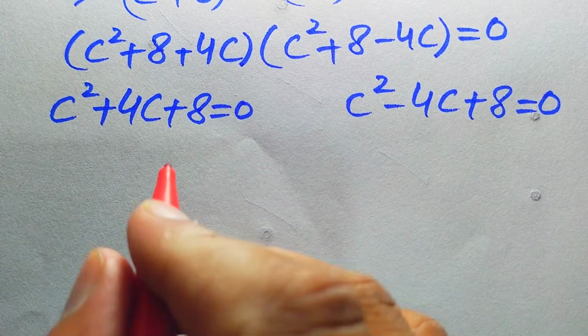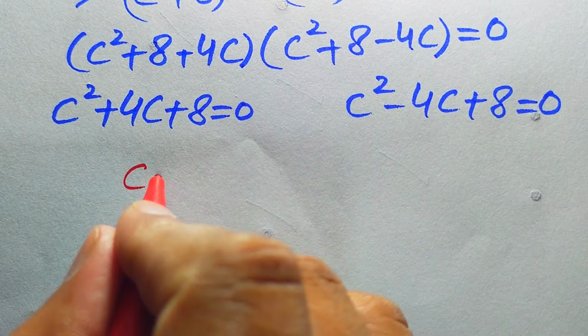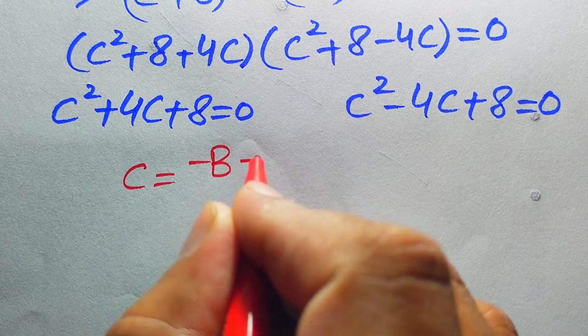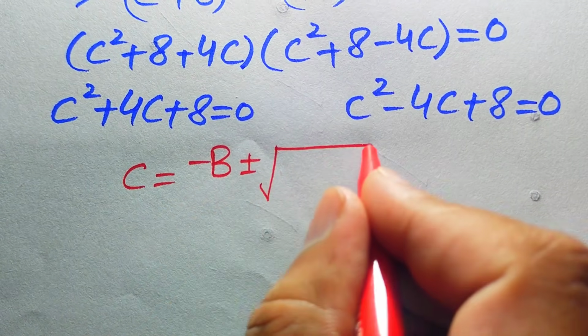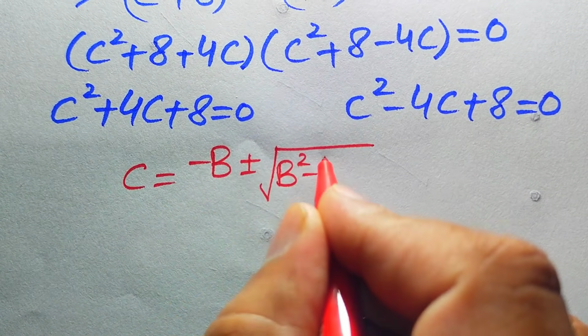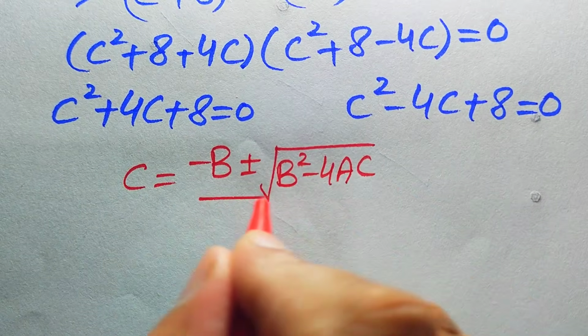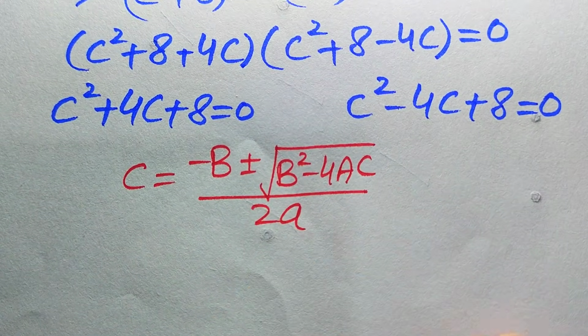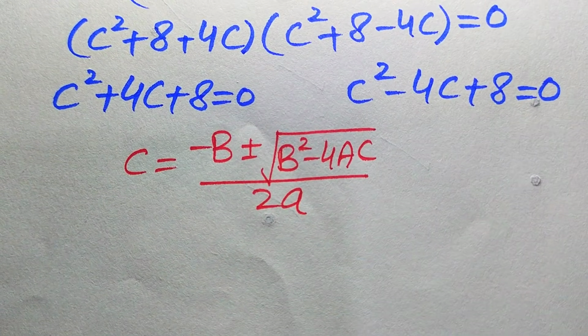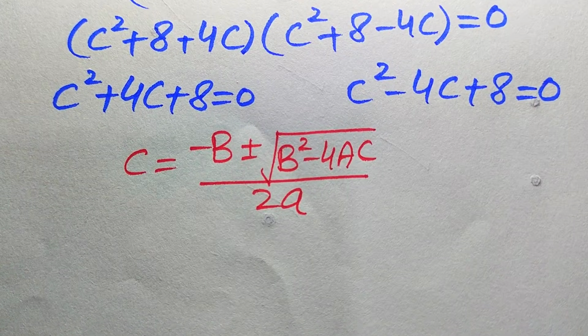First we state the quadratic formula as c equals minus b plus minus square root of b square minus 4 times ac, divided by 2 times a. This is our quadratic formula which we can apply to both of the above equations.